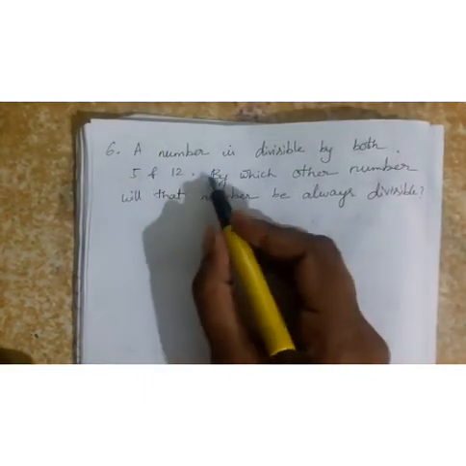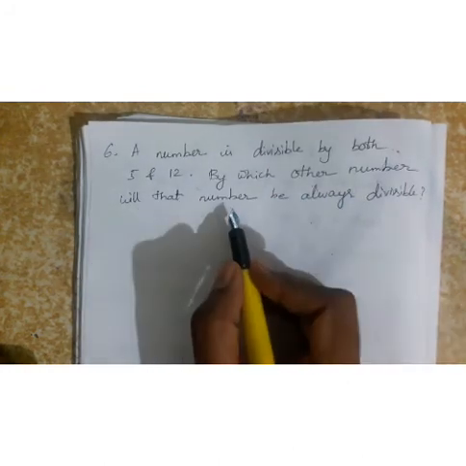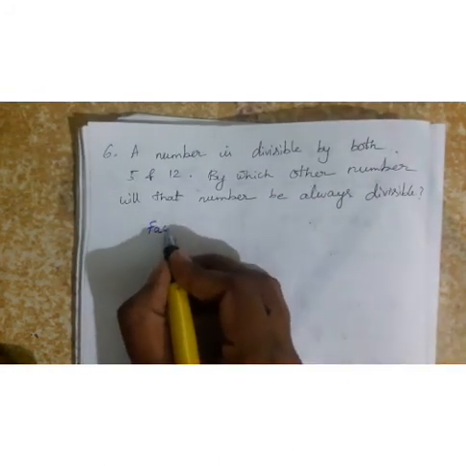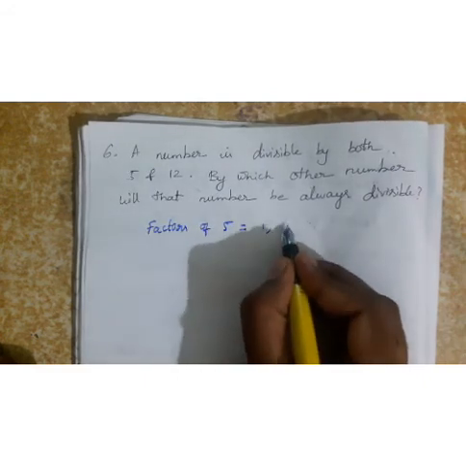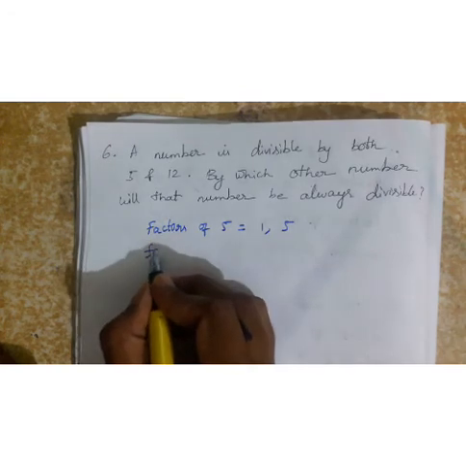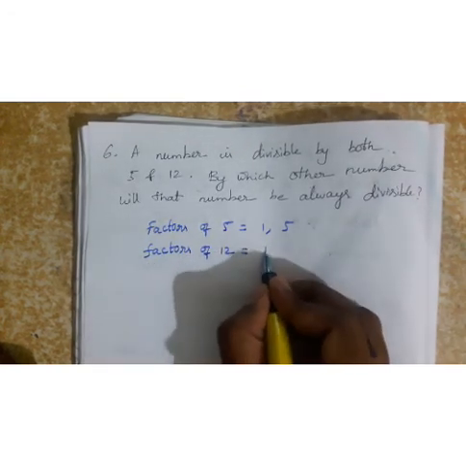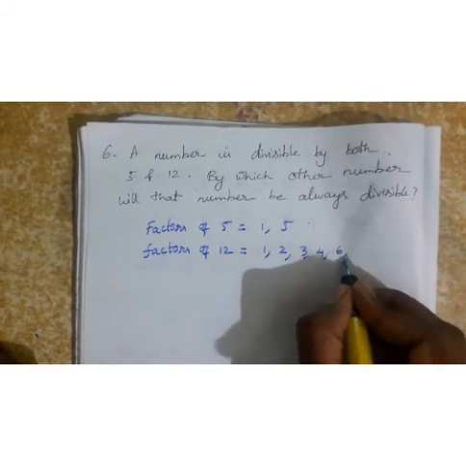Question number 6. A number is divisible by both 5 and 12. By which other number will that number be always divisible? Factors of 5 equal to 1 and 5. Factors of 12 equal to 1, 2, 3, 4, 6, 12.